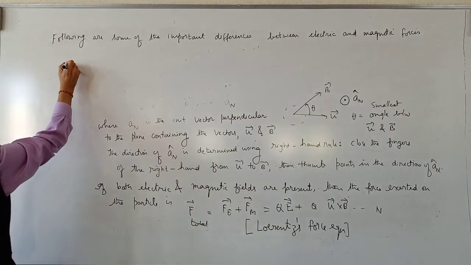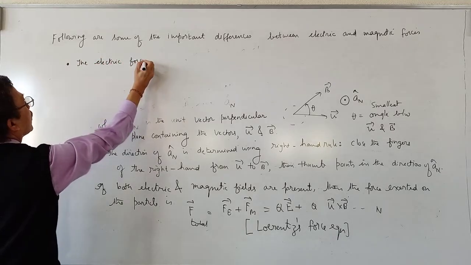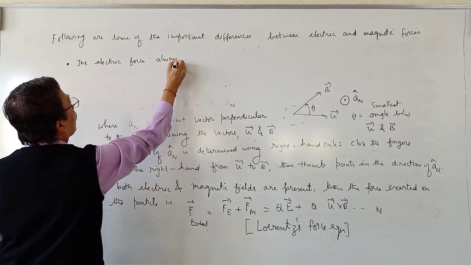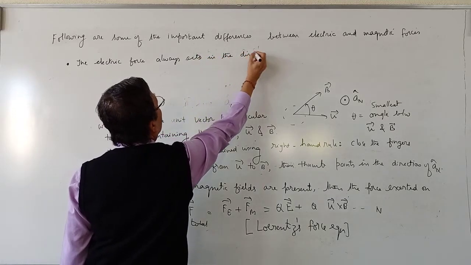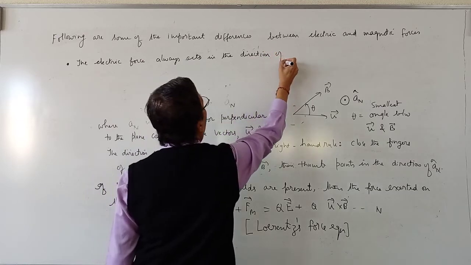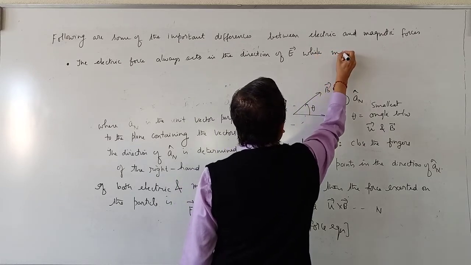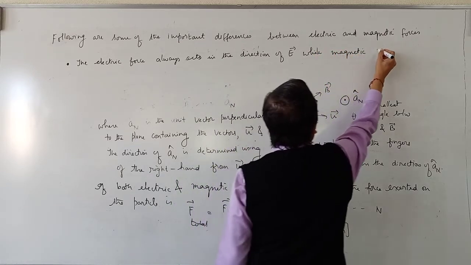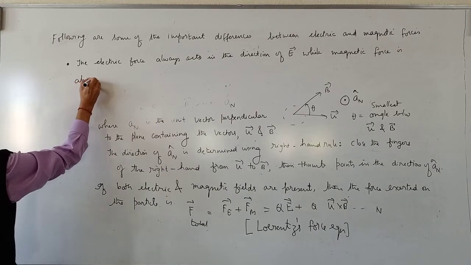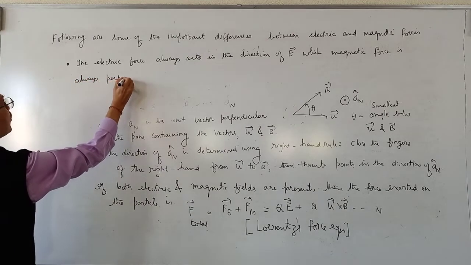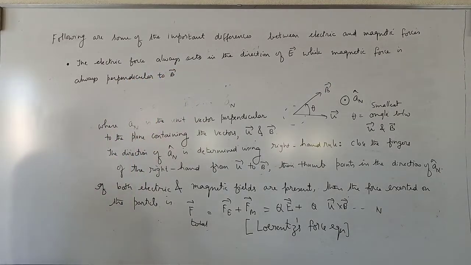First difference, the electric force always acts in the direction of vector E, while magnetic force is always perpendicular to vector B. This is the first difference.